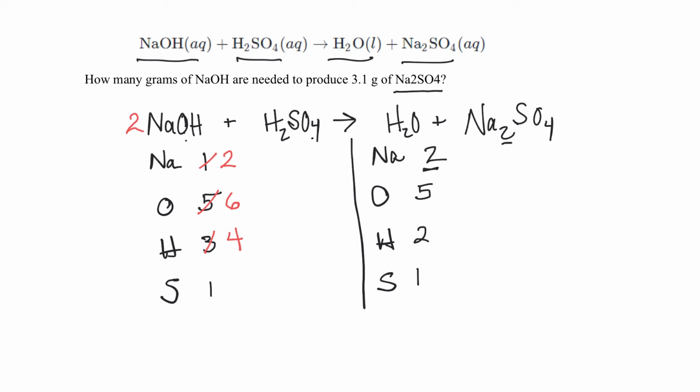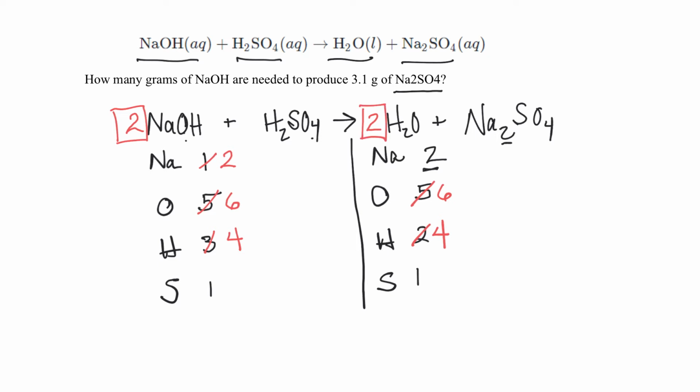Sulfur is already balanced, so let's move on to hydrogen. We have 2 on the product side, so I'm going to put a 2 in front of the compound with hydrogen. And now we have 6 oxygen and 4 hydrogen, and it's balanced. We just used 2 coefficients right here and here.